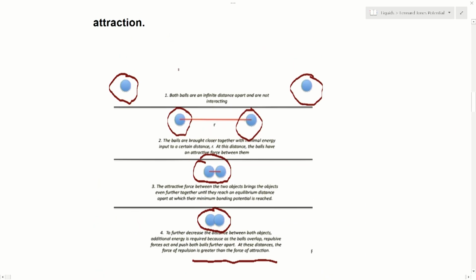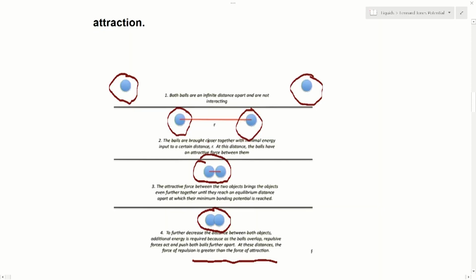Till now, we were discussing the rubber balls. Imagine that this is our molecule, atom or ion. Here we have one molecule or atom or ion, and here we have another molecule or atom or ion. When they are at infinite distance, there won't be any force of attraction between them or any interaction.